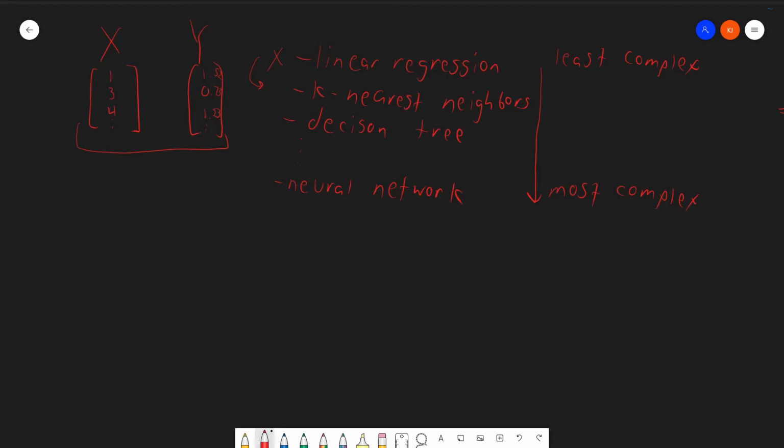And you see, am I happy with the accuracy that I'm getting from k nearest neighbors? Maybe this isn't the accuracy that I'm looking to get, or it's close, but there's something missing and I can't look into the algorithm a little bit more to figure it out. So then you might move on to something like a decision tree and so on. You would go down this list, and the last thing you'd want to try is a neural network.